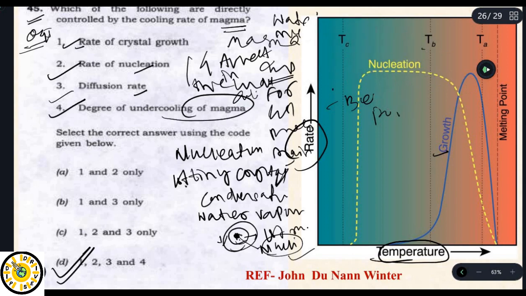ये देखो, जब मेल्टिंग पॉइंट से एकदम फर्दर कूल करते हो, ठीक है, यहाँ पे देखो, these are the rate of undercooling जो बोलते हैं, इसको rate of undercooling बोलो या rate of cooling बोलो. So higher the cooling, higher will be the undercooling. समझ रहे हो? So higher degree of cooling leads to higher degree of undercooling. यहाँ पे क्या है?